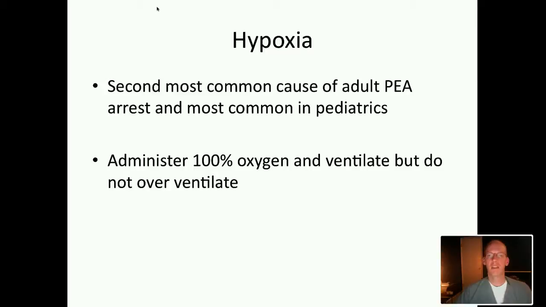Even in the hypoxic, you can't make up the difference by overventilating and giving big tidal breaths, because it's going to disrupt your compressions. So in a compressive state, you've got to go slow and go brief with the ventilation. Once again, most patients, unless it's a terminal event and they've been down too long, as long as you administer the oxygen, they'll probably come back if it was from hypoxemia.